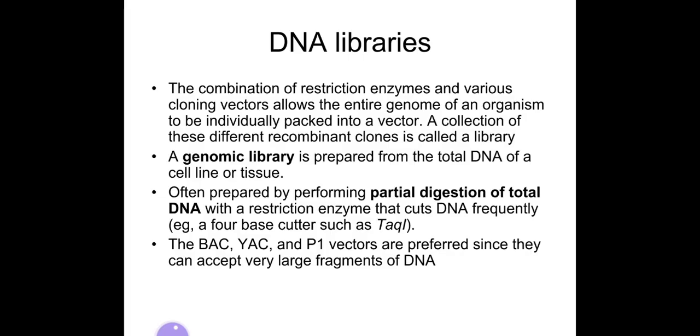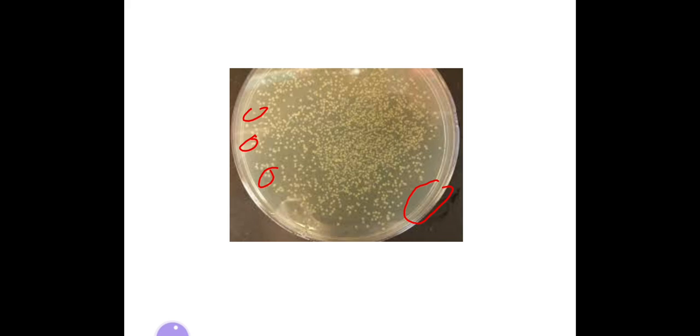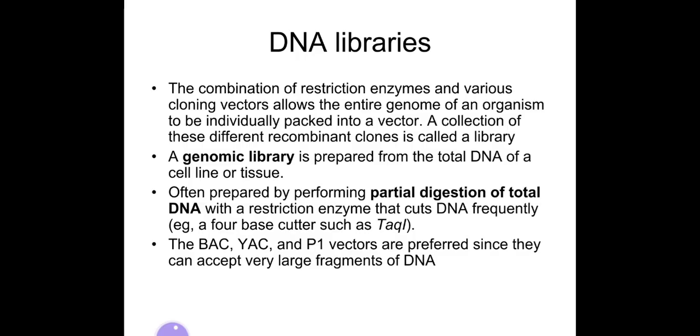What are DNA libraries? A DNA library is a collection of cloned restriction fragments. It shows a collection of cloned restriction fragments in bacteria, which were spread over the media, and this shows the growth.